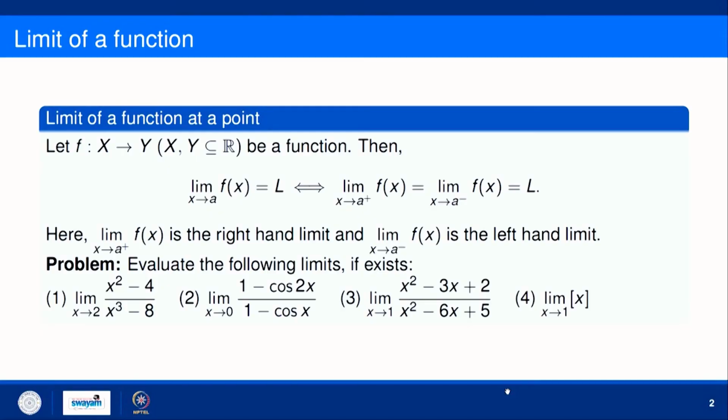These are a few examples, only for a recap of this definition which we have discussed. Suppose you want to find the limit as x tends to 2 of x square minus 4 upon x cube minus 8.